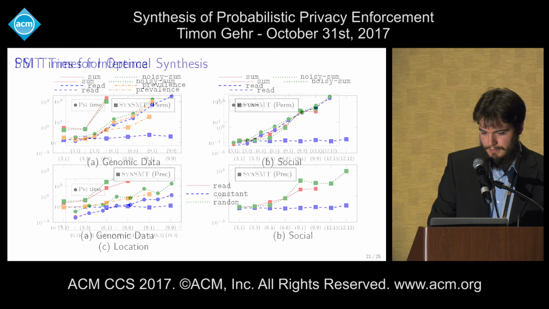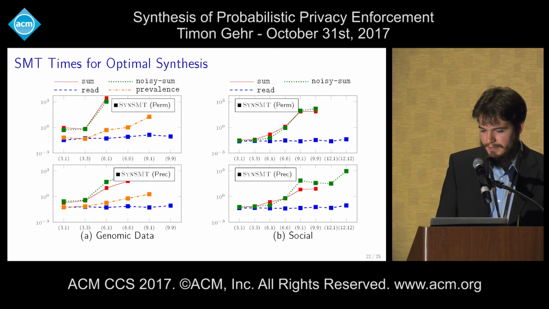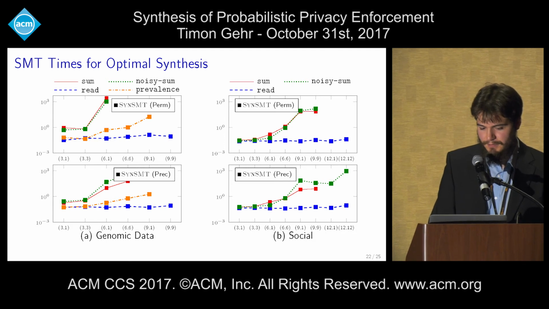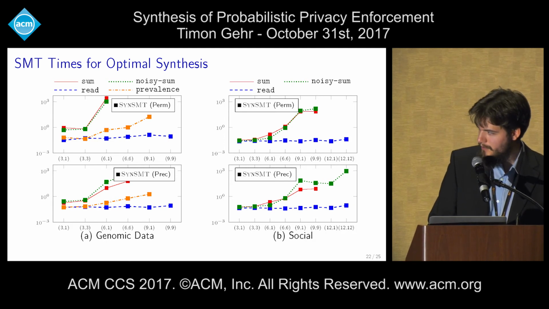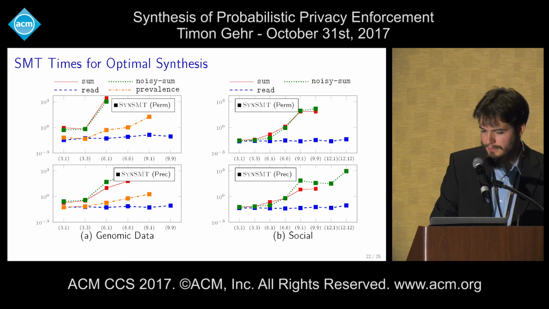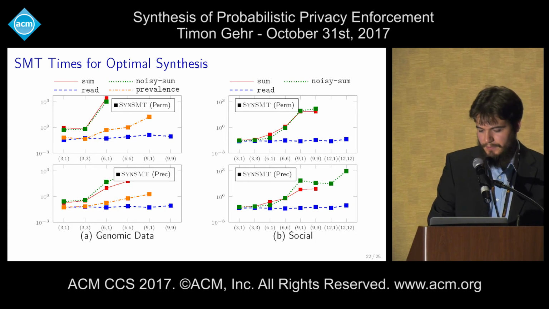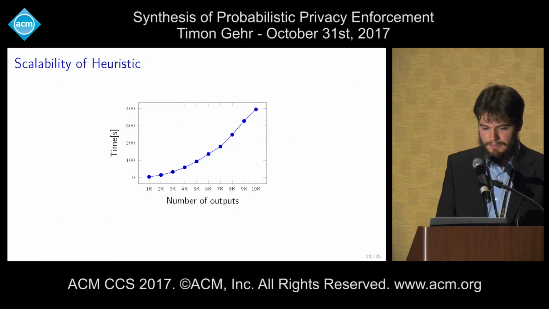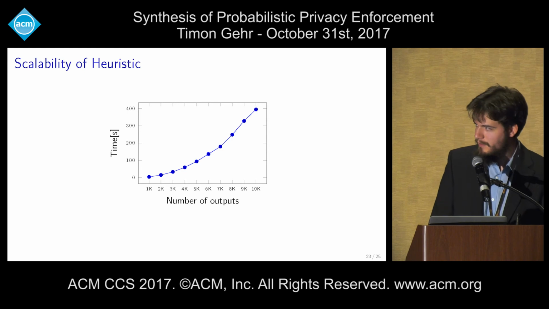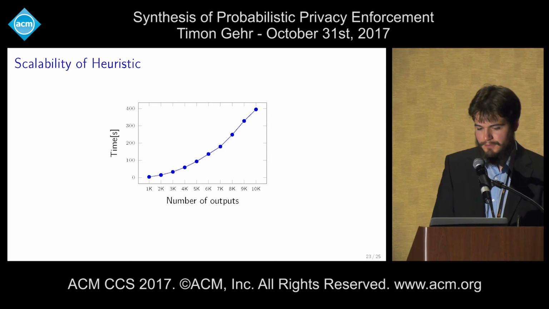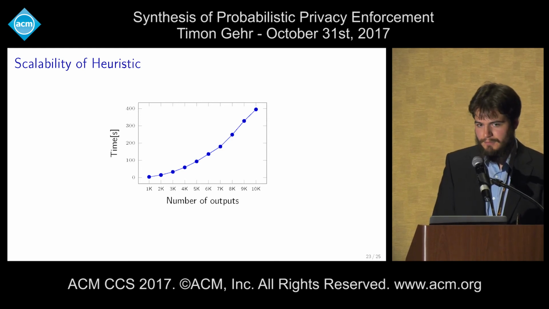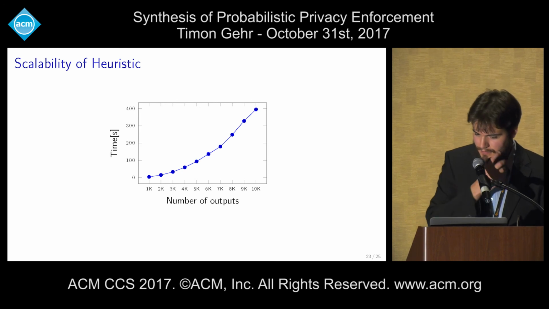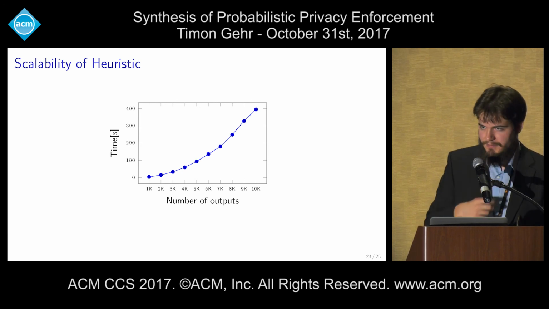Then there are the SMT times for optimal synthesis, both for permissiveness and precision, again with the same interpretation of the axes. Because this is quite slow, we also investigate the scalability of the heuristic, and because it's just a quadratic algorithm, it scales to quite a large number of possible different outputs.